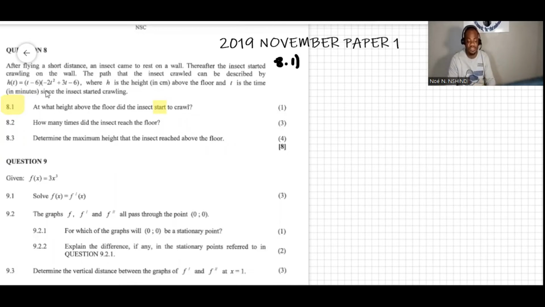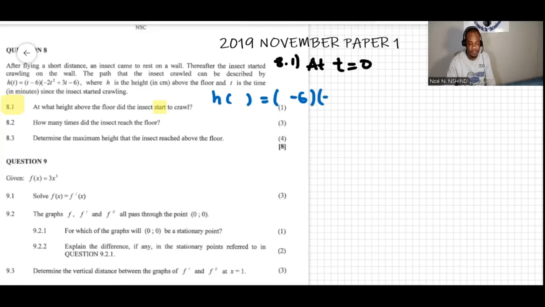It's when the time is 0. It means at t equal to 0. So this means that we're going to work out h of 0. H of 0 means wherever we have t, we're going to substitute by 0.